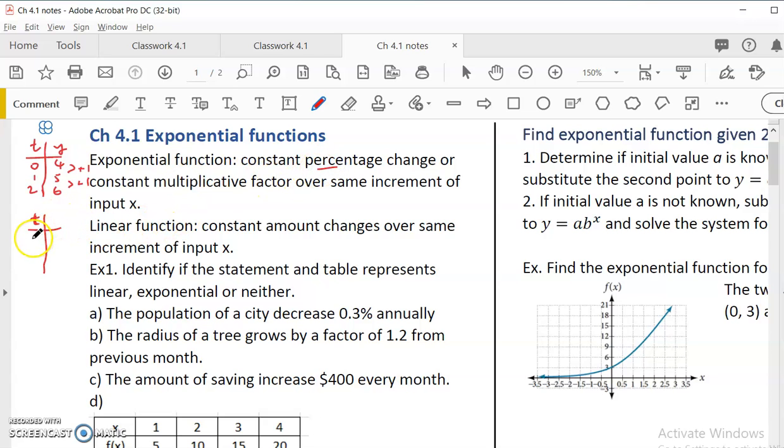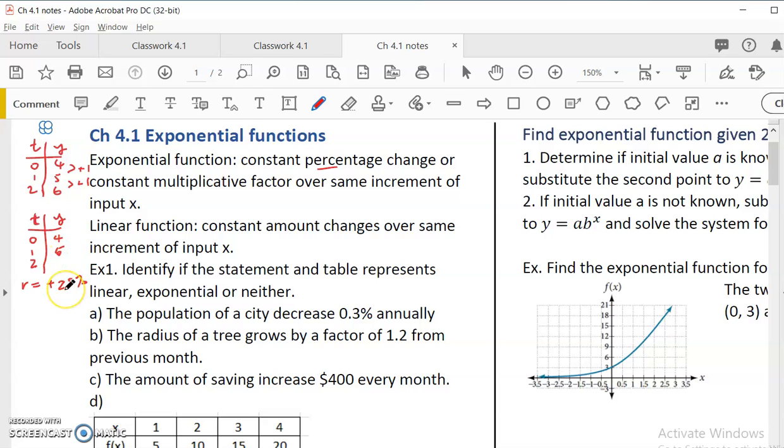So it's the percentage. So 0, 1, 2. If I say y equal to 4 in the beginning, and the percentage rate is 25%, that means based on what you have, you add 25%. So what is 25% of 4? It's 1, so you add 1 and it becomes 5. You add whatever you have, and then you add 25%.